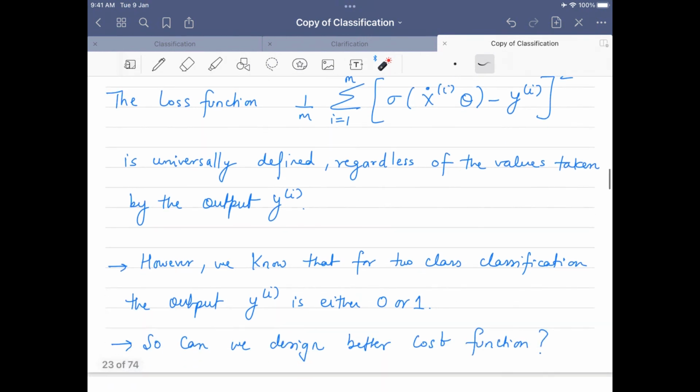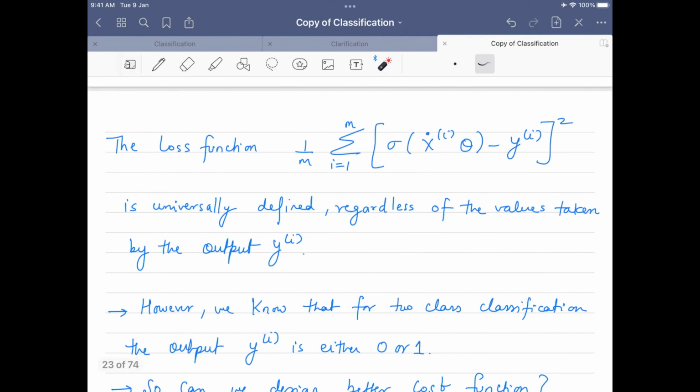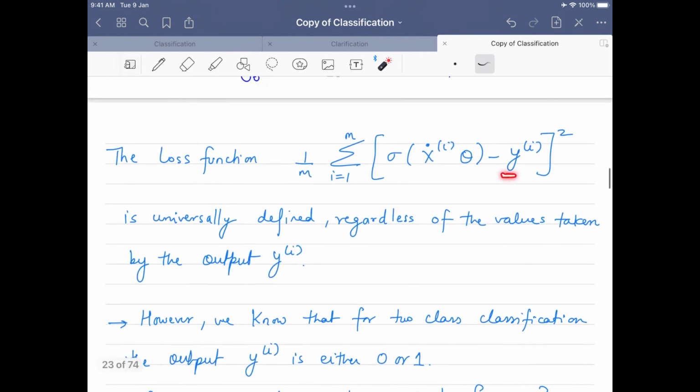The second important thing is regarding the value of y. In the case of linear regression, you can observe that yi was taking arbitrary values, but right now here your yi is taking the value 0 and 1. This cost function is valid for all the values of yi. If your yi changes from any amount to any amount, this is valid.